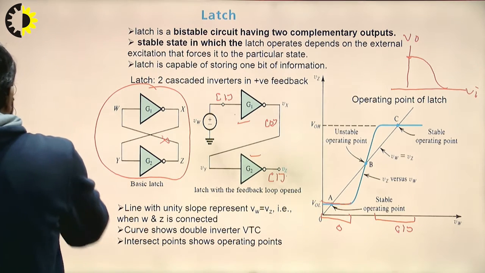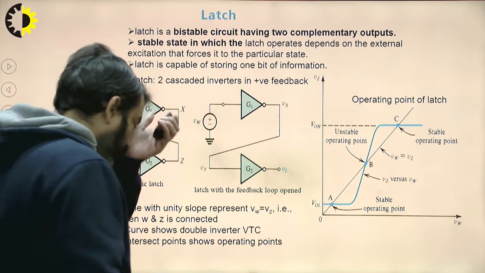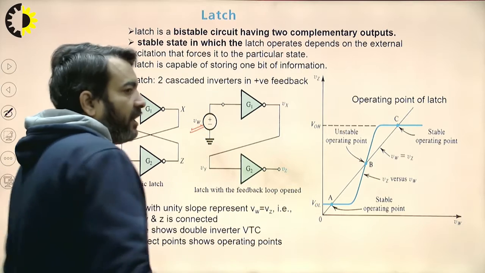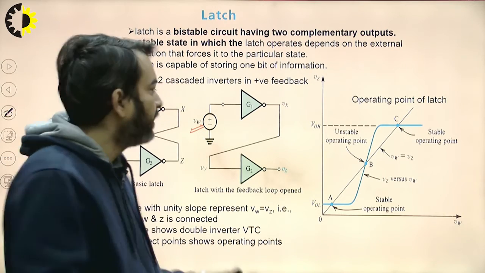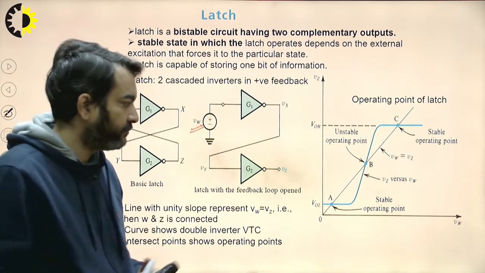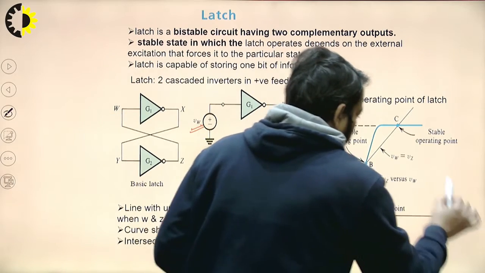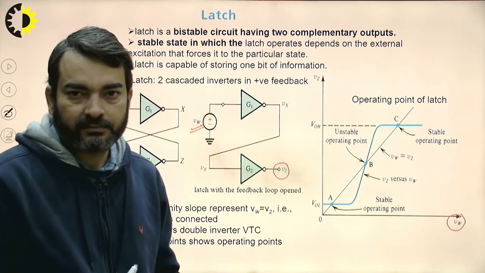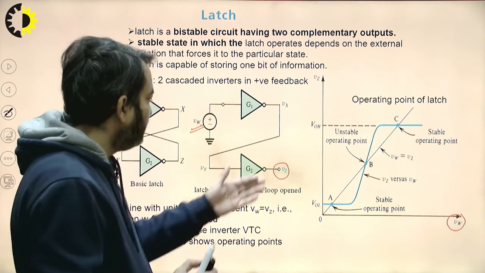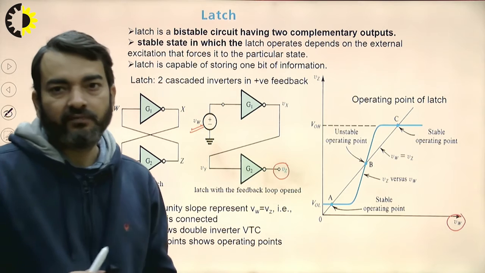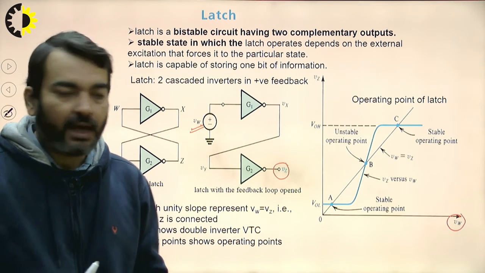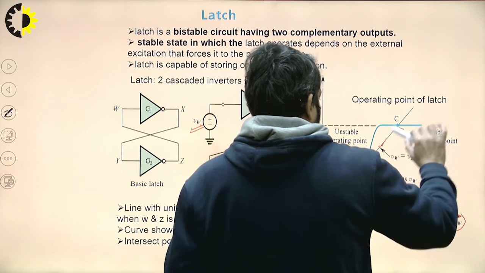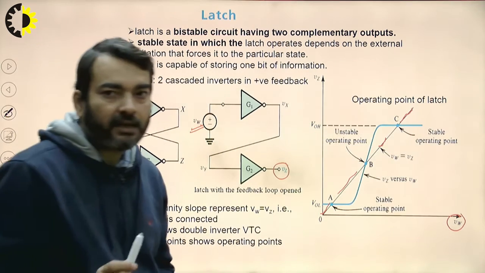Now, whatever voltage we apply at this point as the input, the output must have the same voltage, meaning VZ must be equal to VW, and this corresponds to this straight line plot having constant slope.